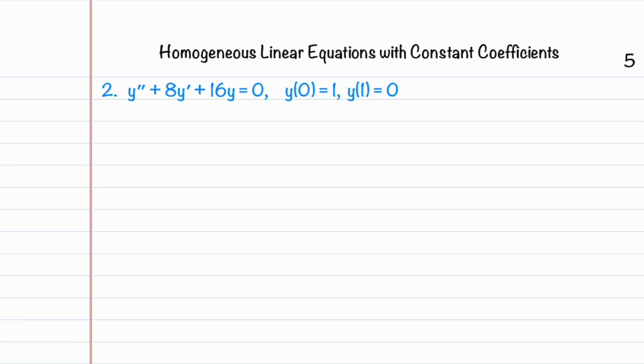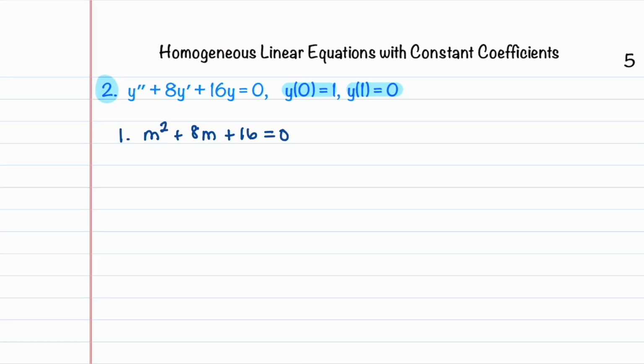Let's now look at our second example. It is y double prime plus 8y prime plus 16y is equal to 0. And our boundary conditions are y of 0 is equal to 1 and y of 1 is equal to 0. Our first step is to write down the characteristic equation, and that is m squared plus 8m plus 16 is equal to 0.